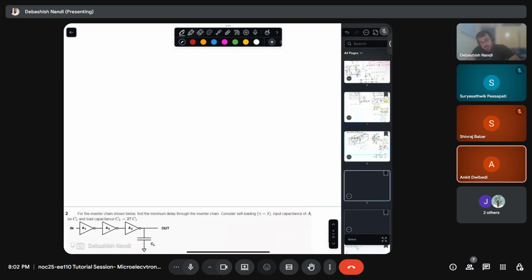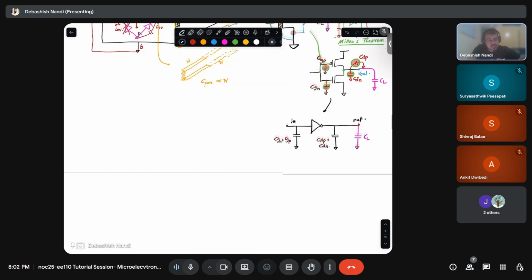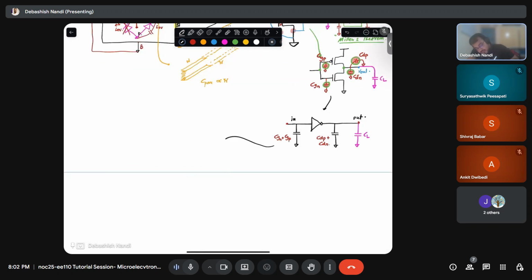Yes, sir. If this much is okay, can you tell me the delay of this inverter? What is my TP? 0.69 into R, let's say some R equivalent. This R equivalent will change depending upon your on and off, or if you take the average, it is R on N plus R on P by 2, right?